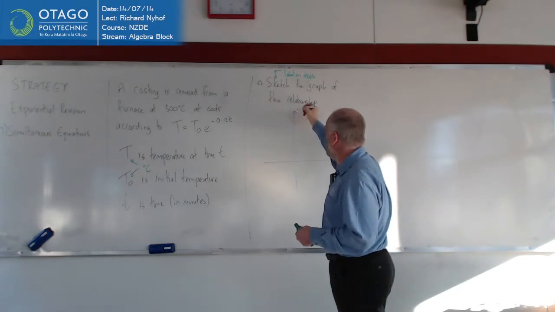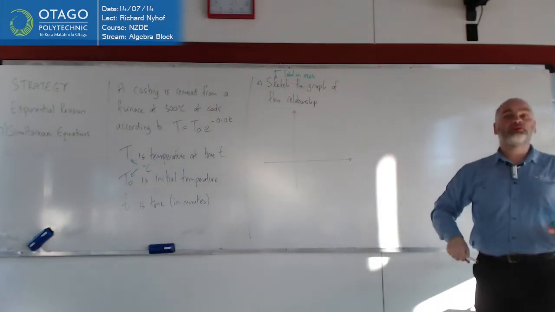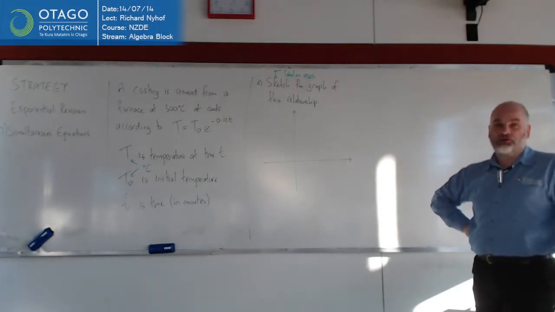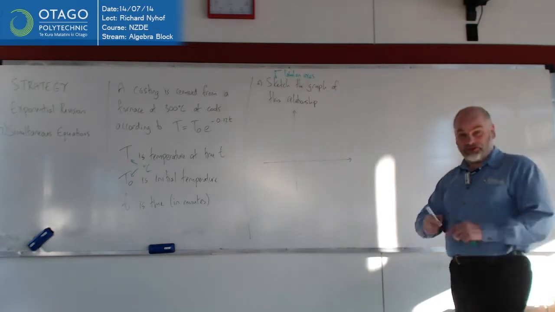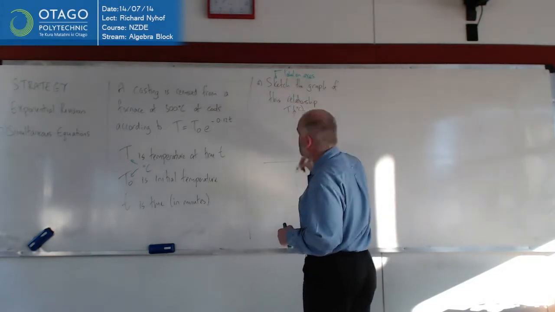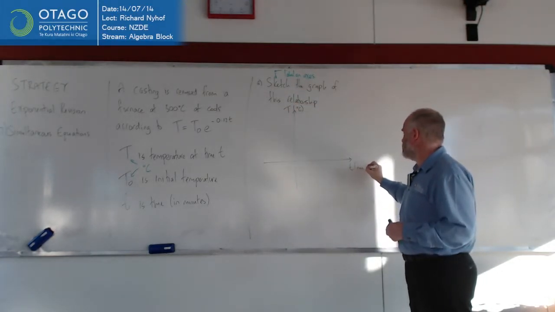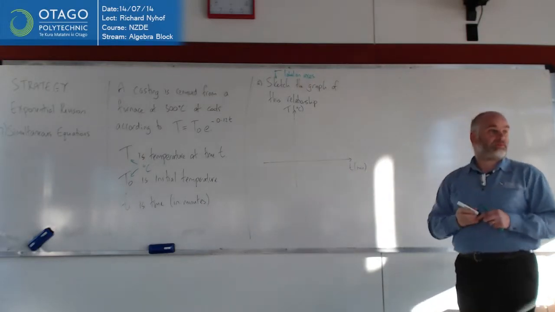What things are going to be on the axis? Time and temperature. Awesome, Harrison. Which one's which? Temperature's the y-axis. So this is going to be temperature, and you normally put units, degrees Celsius, and this one's going to be time in minutes. Yep.